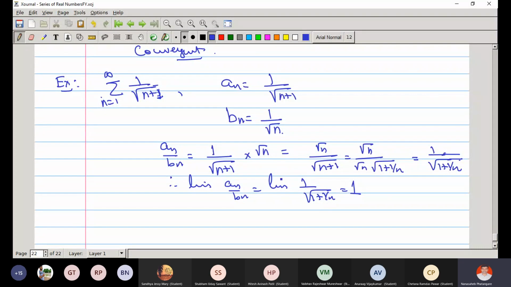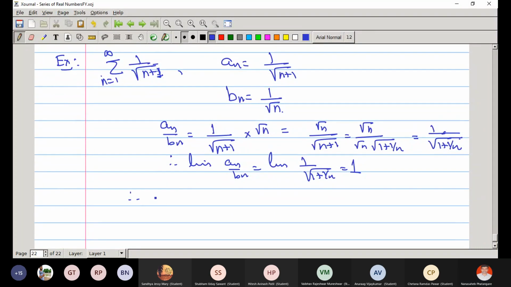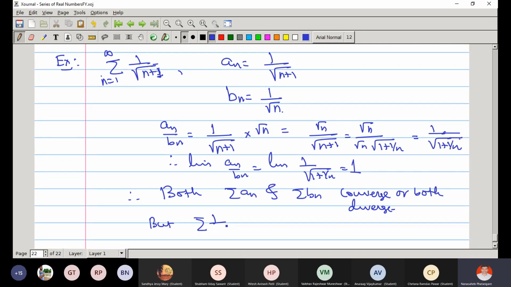Therefore both a_n and b_n converge or both diverge. But we know the series 1 by root n is what?